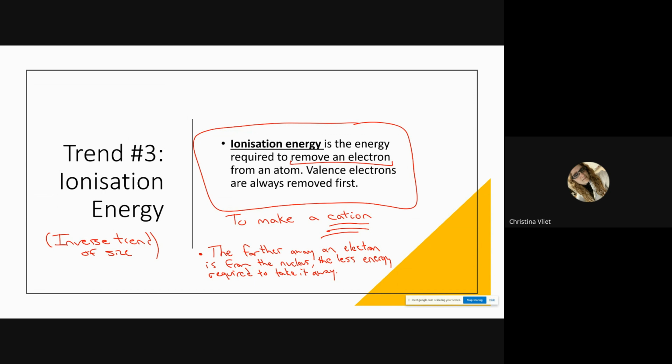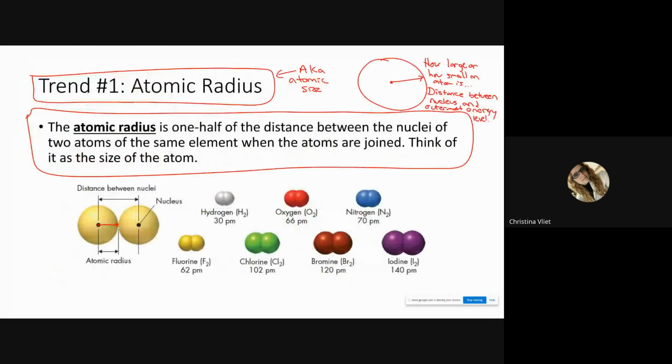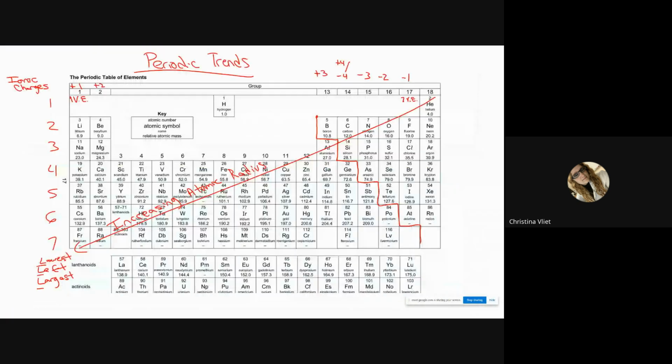So let's go ahead and mark it. Let's go to our periodic table that we had written on before. If increasing atomic radius is this direction, then what's increasing ionization energy? We said that the larger an element is, the easier it is to take away an electron.